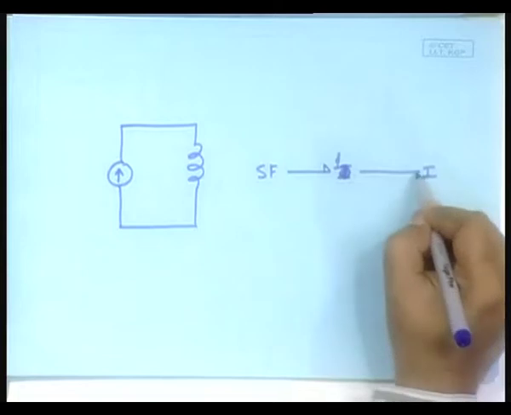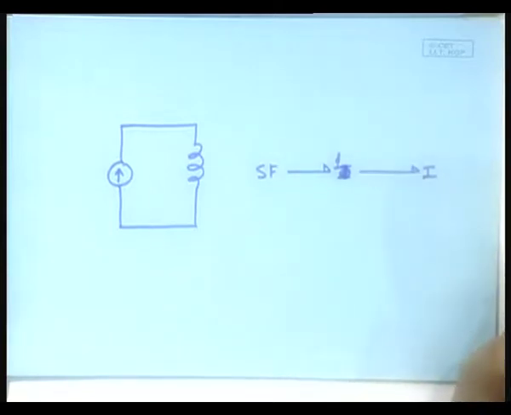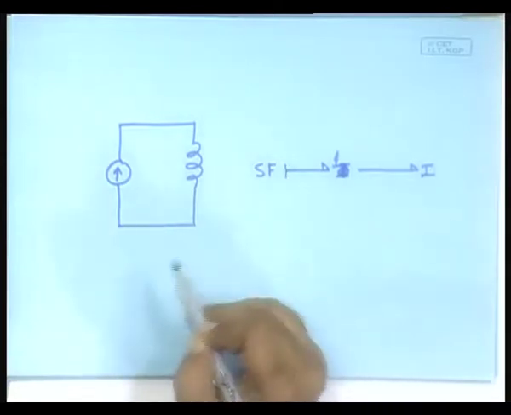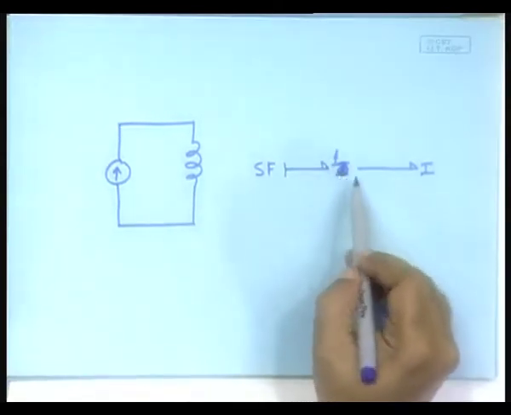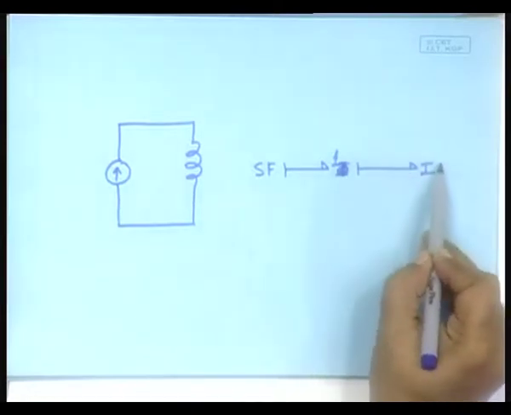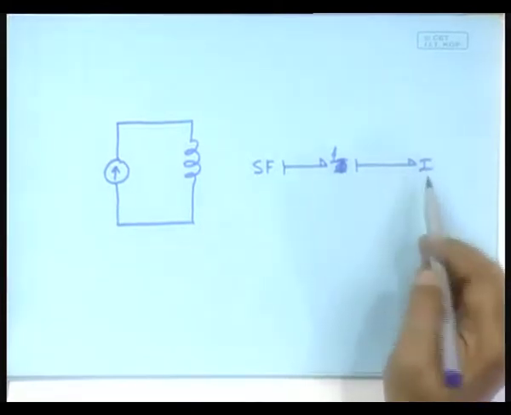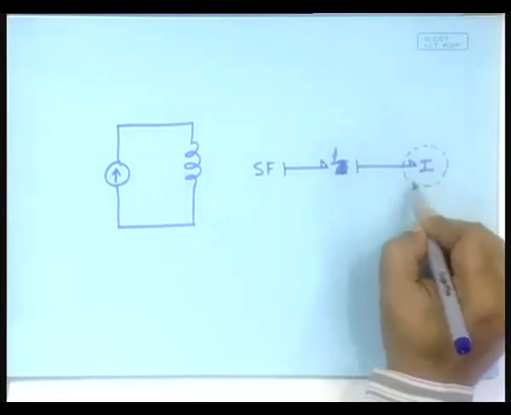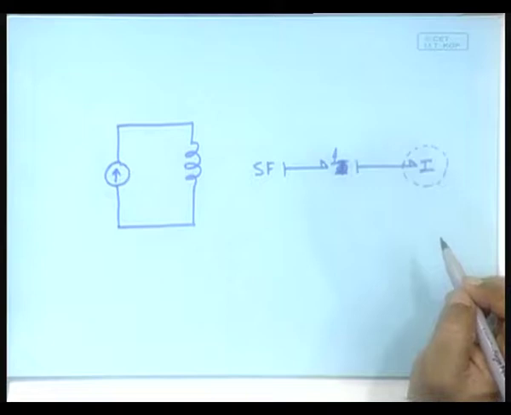Power direction, no problem. Causality: SF is the element that gives out the flow information. Therefore, the one junction should give out the flow information, and see, the I element now receives the flow information. Here we have a problem, it is not integrally causal, right.